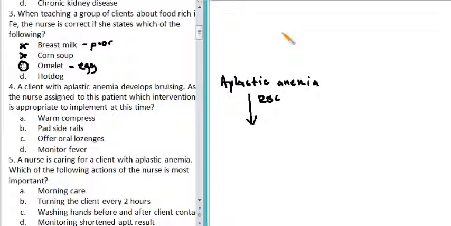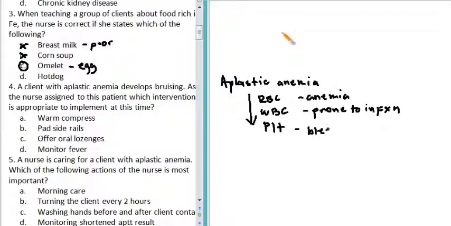They have a deficiency in WBC and they have a deficiency in platelets. So the patient develops anemia, is prone to infection, and of course, the patient may present bleeding tendencies.